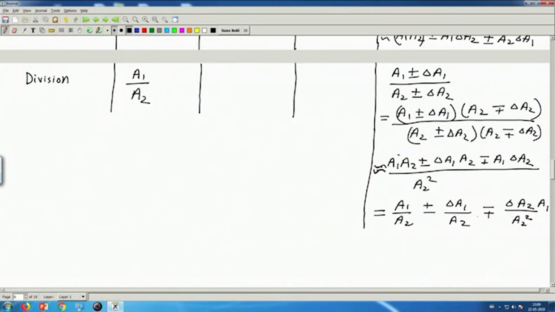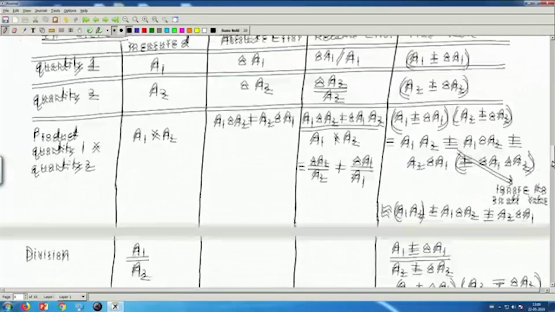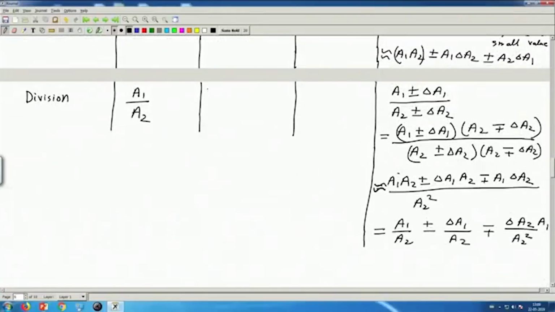Okay, so the maximum absolute error we can write here is this quantity, delta A1 by A2, and we will take the worst case, when this is positive and this is also positive, or this is negative and this is also negative.